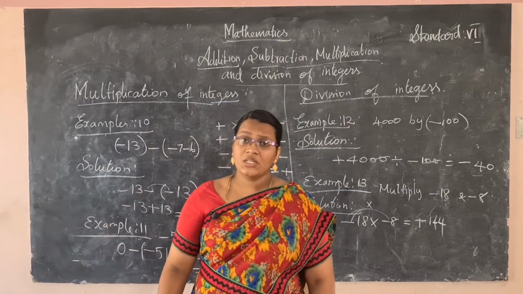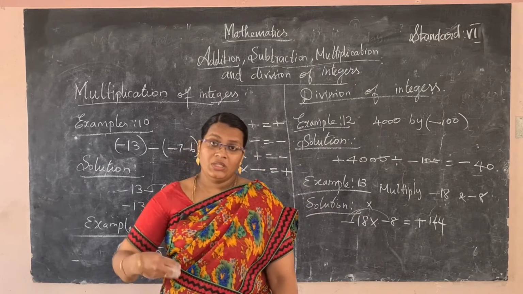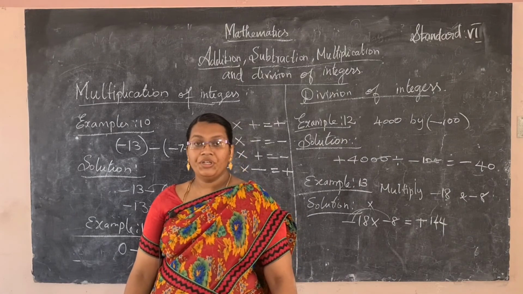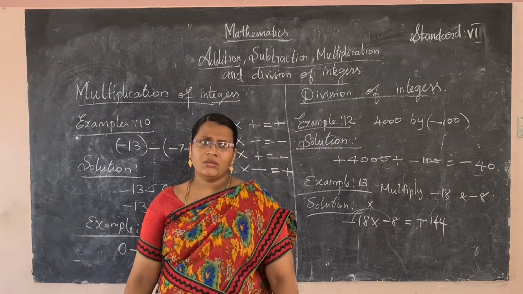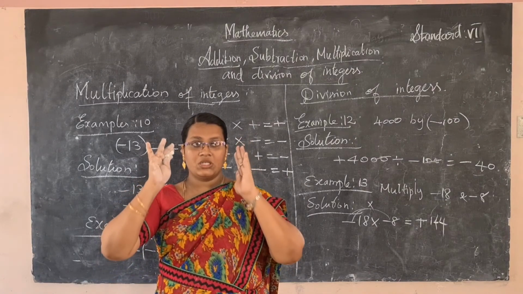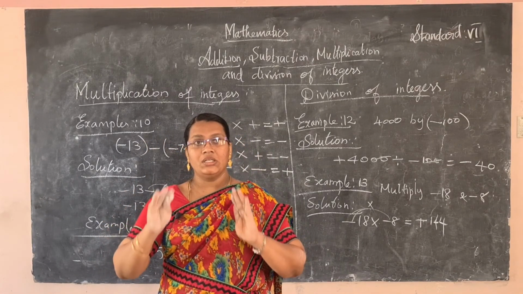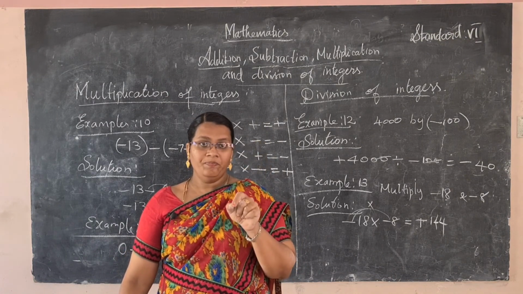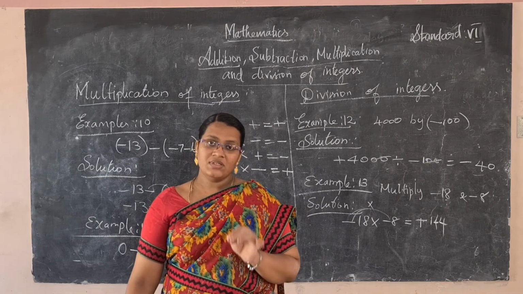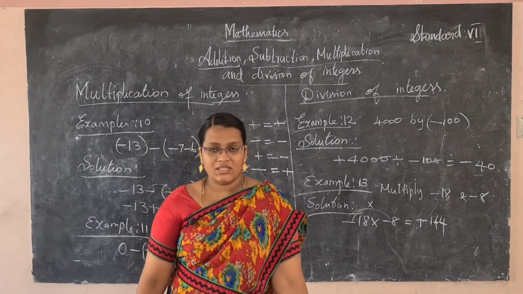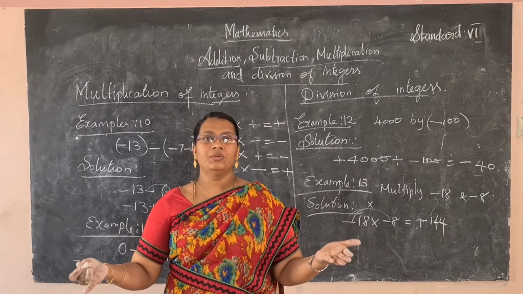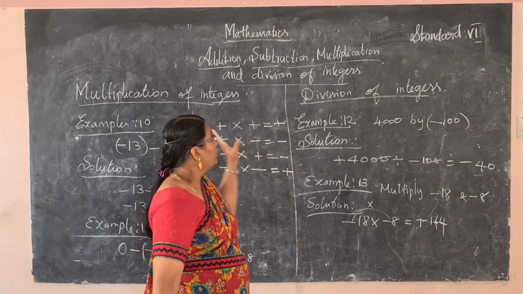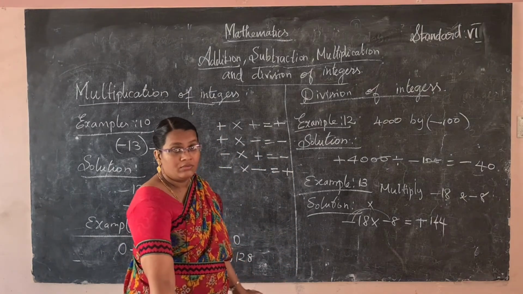Two positive integers or two negative integers are added, we put the same sign and add the values. When different signs come, what do we do? Subtract and put the greater number's sign. That's it, for both addition and subtraction.